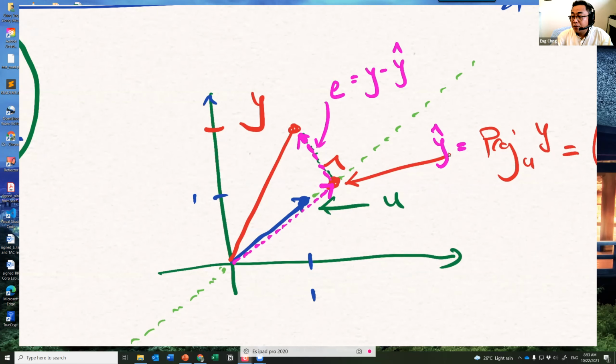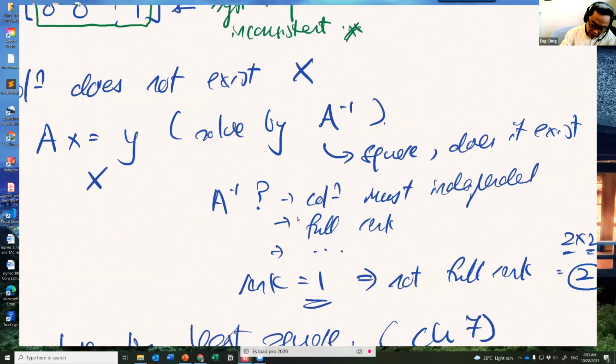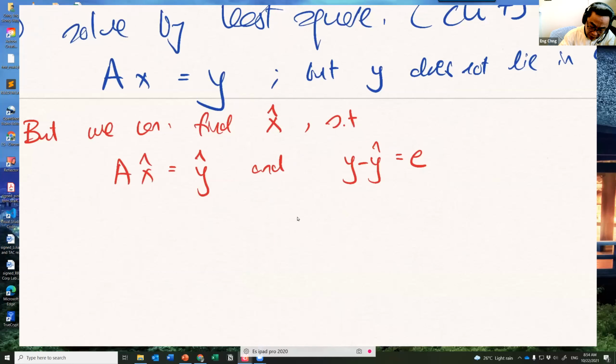The y hat is the vector along U that is closest to y. E is the orthogonal error, a vector that is orthogonal, perpendicular, to y hat. And here is the critical part: the norm of E, the length of E, is minimum.